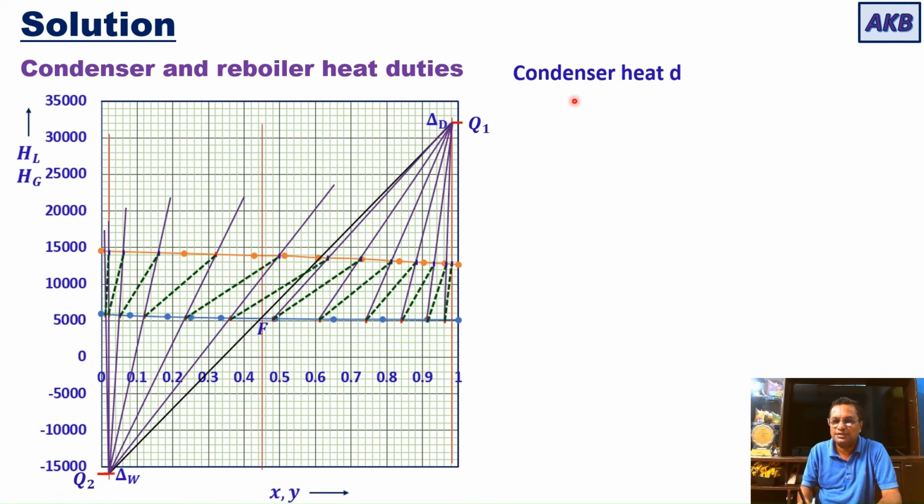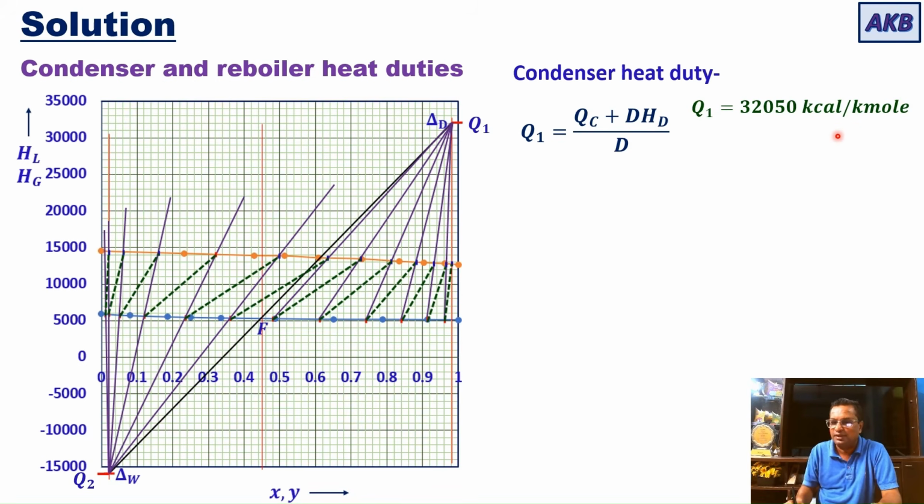For condenser heat duty, we are going to use the equation for Q1, which we have discussed previously. It is Q1 = QC + D·HD upon D. Our aim is to get QC, so we need Q1, and we are going to read it over here. If you read Q1, it is 32,050 kilocalorie per kilomole.